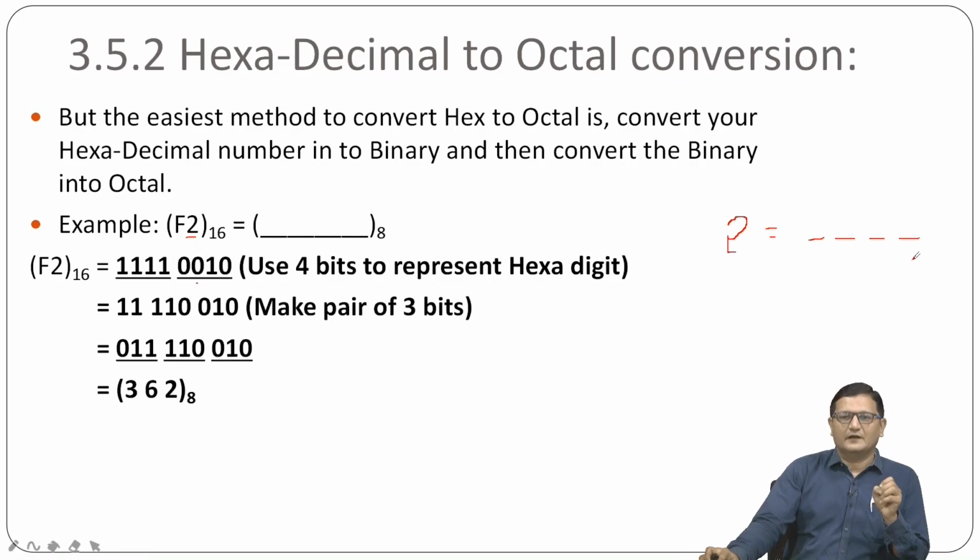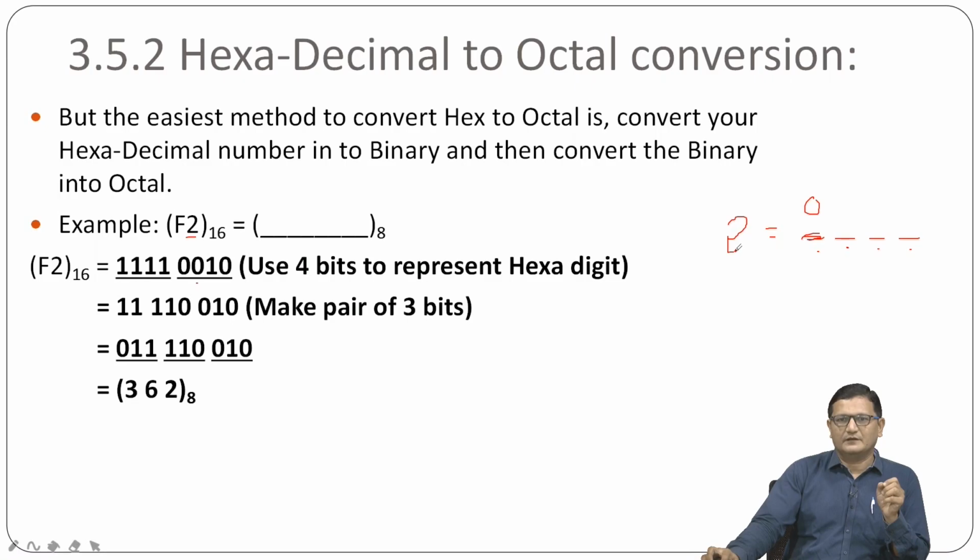Now, the last bit will represent 1, the second bit will represent 2, the third bit will represent 4, and this will represent 8. So, do you need 8? Obviously not, because 8 is greater than 2. So, here we will put 0. Now, this bit represents 4. Do you need 4?